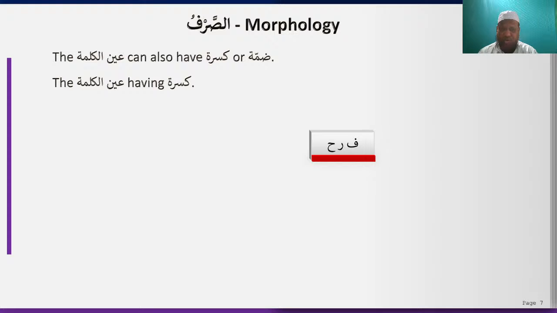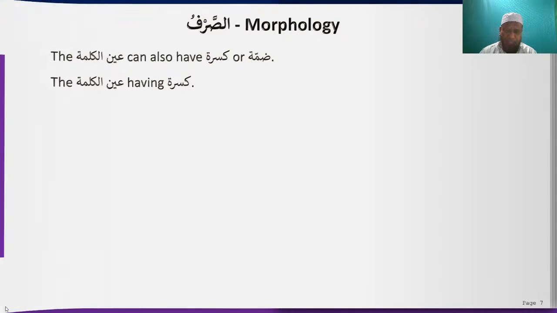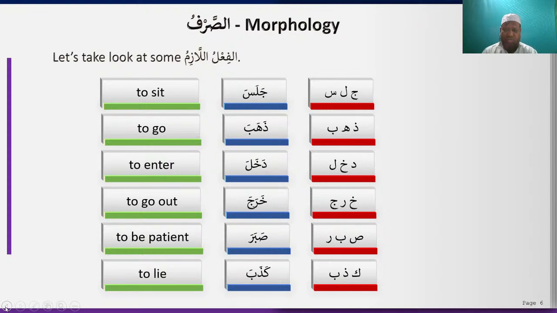Let's take a look at another few. In the previous ones, the عين الكلمة had a فتحة: جلس, ذهب, دخل, خرج, صبر, كذب. All these have the middle letter, عين الكلمة, with a فتحة.